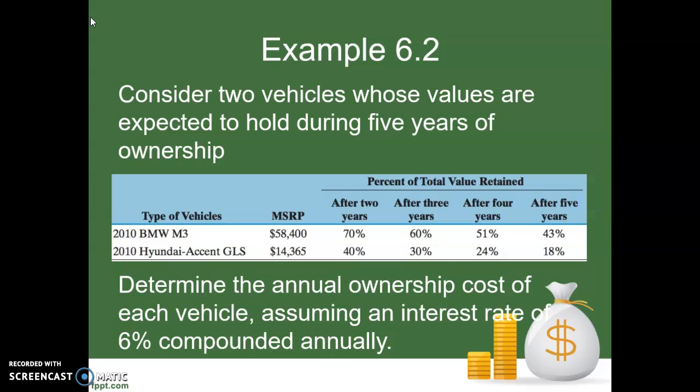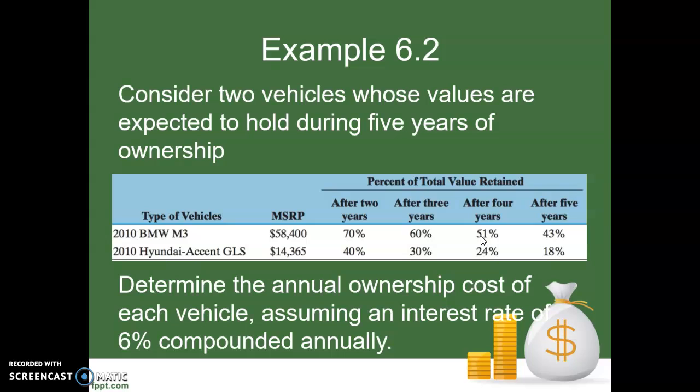And in addition to that, we have not just a static value of our vehicle. The longer we own the car and the more we drive it, the less its value is. After 2 years, the vehicle is only worth 70% of what it originally is. And after 3 years, it's only worth 60% of its original worth.